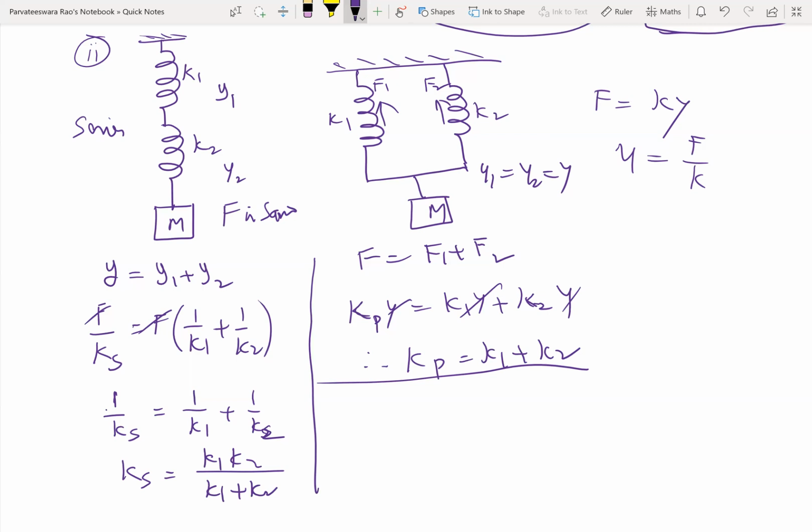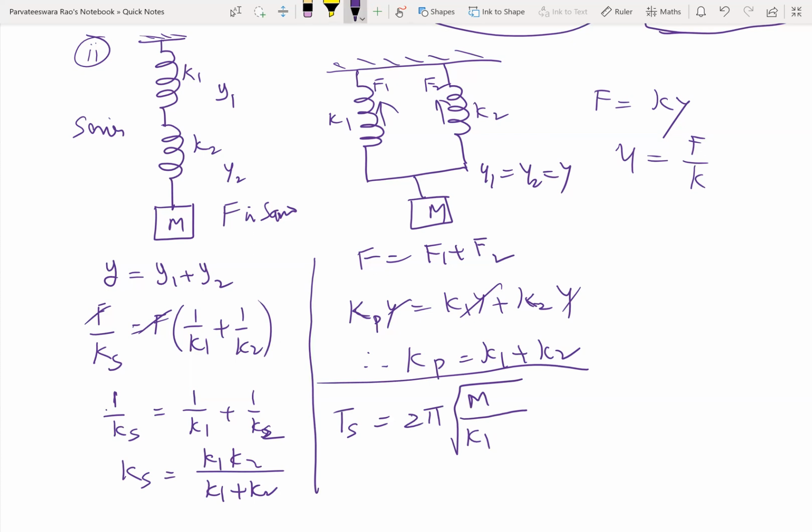So, what is the time period of oscillation of these two springs in series? 2 pi under root of m by k. In place of k, it should be k1 k2 by k1 plus k2.